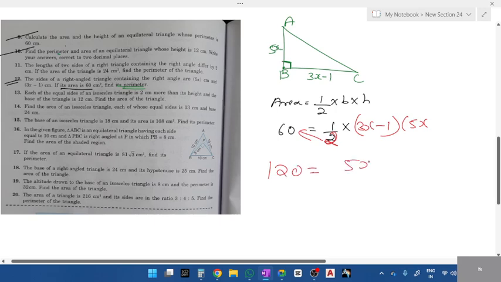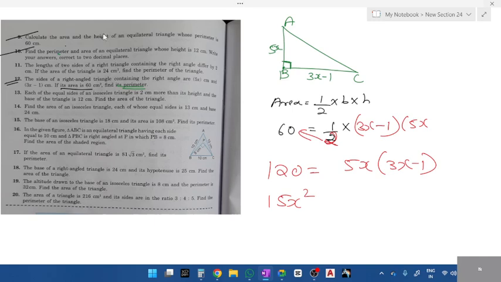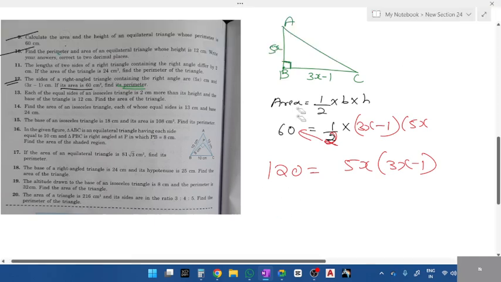Now what are the values we have? 5x into 3x minus 1. Multiply this 5x into 3x minus 1. What do we get? 15x square minus 5x is equal to 120.